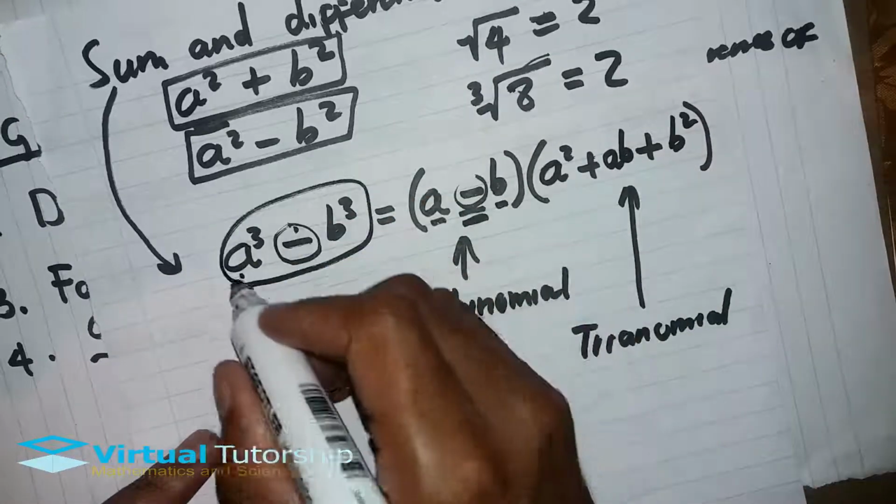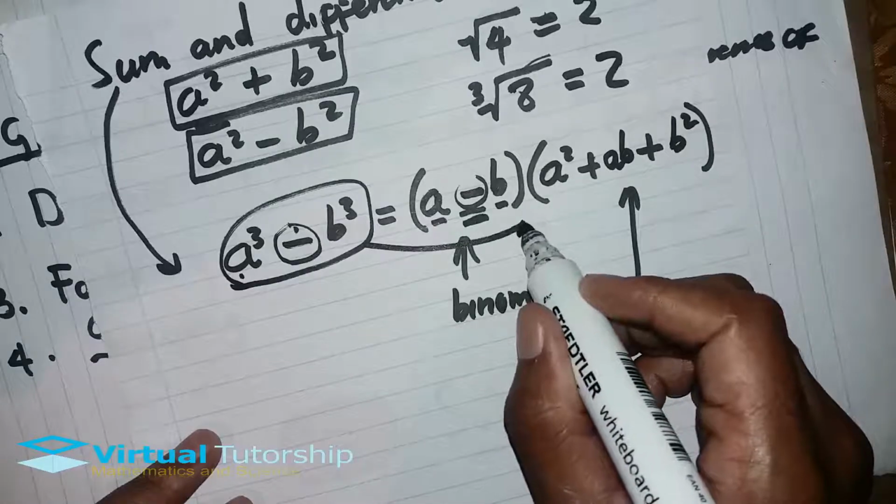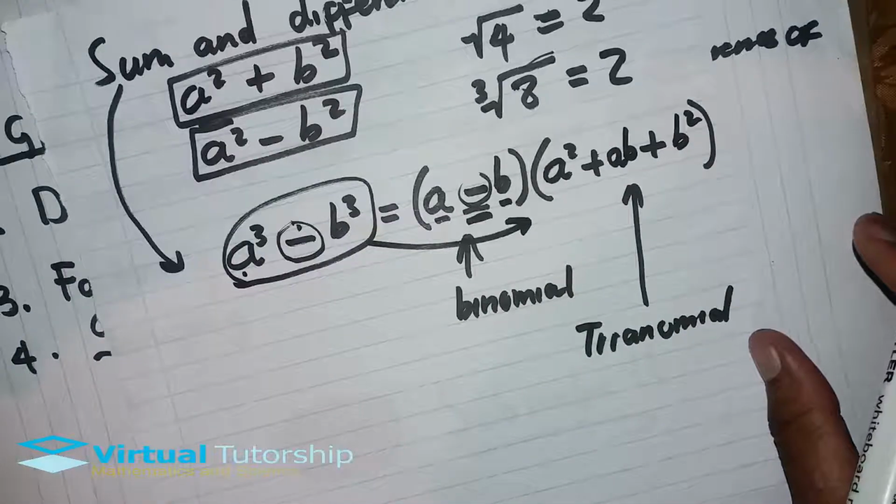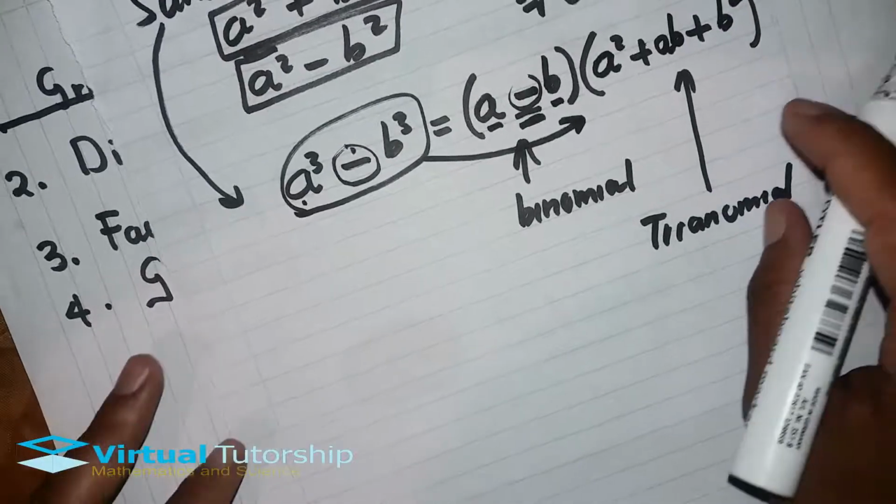For the difference of two cubes, this is the way of getting the factors.